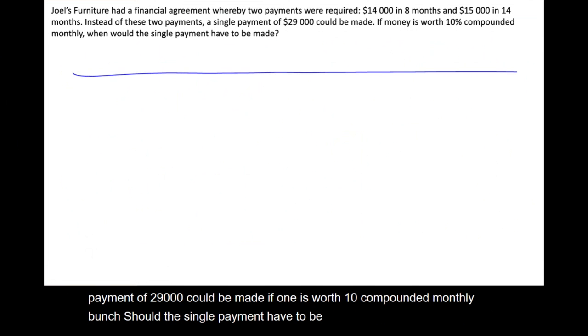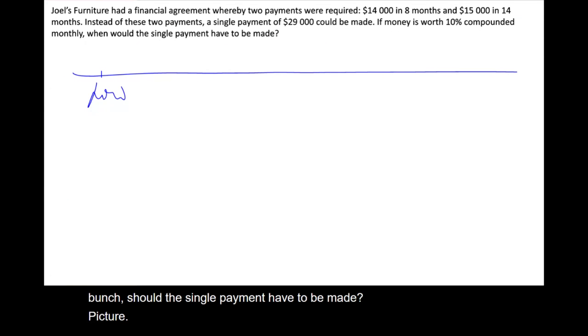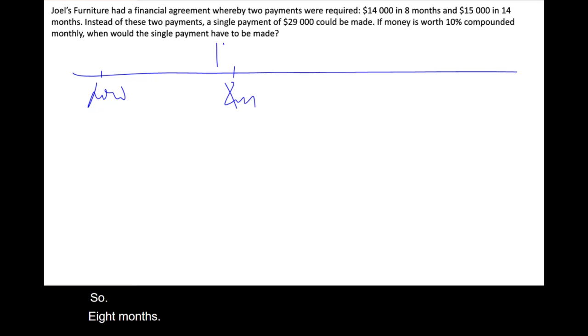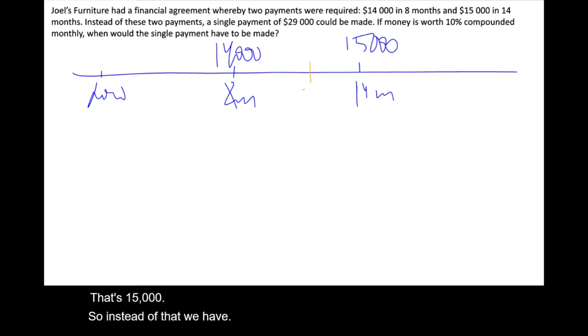Okay, let's have a picture. So in 8 months, that's 14,000. In 14 months, that's 15,000. So instead of that, we have somewhere here 29,000.